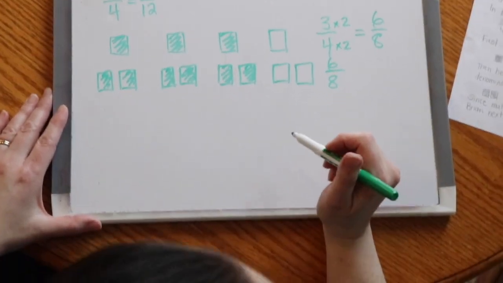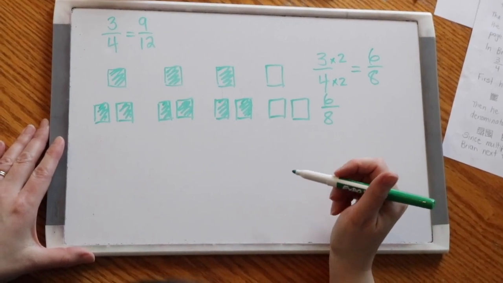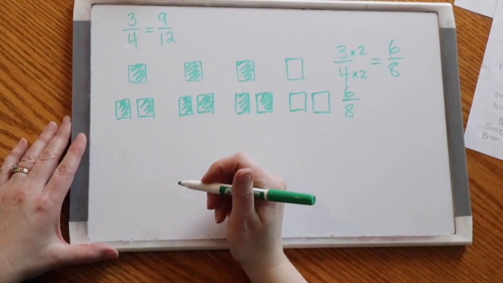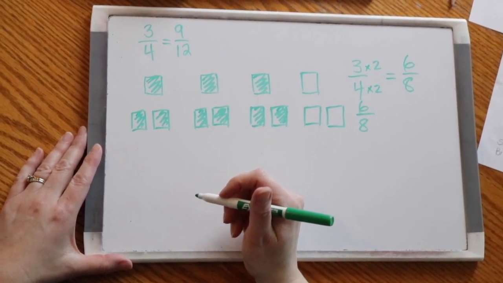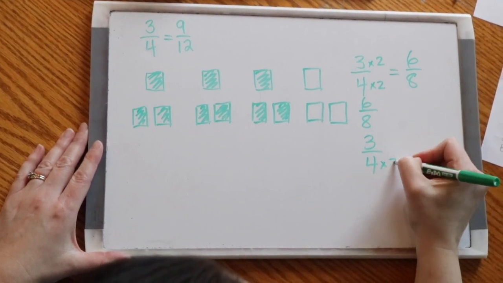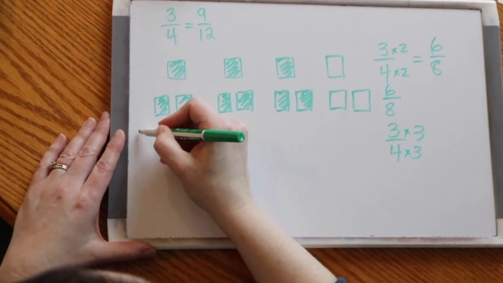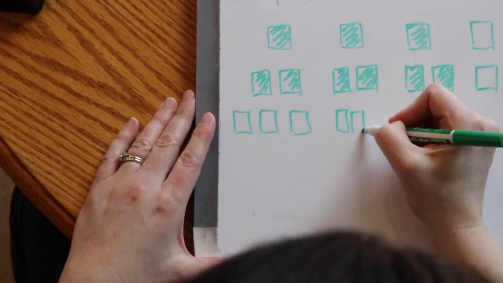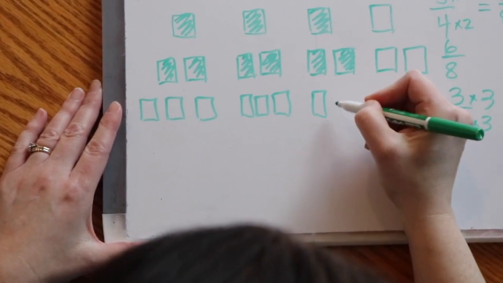So since multiplying 3/4 by 2 doesn't equal 9/12, Brian next tries multiplying 3/4 by 3. So that's what we're going to do next, 3/4 times 3. So we have to draw 3 squares for every one from the 3/4.